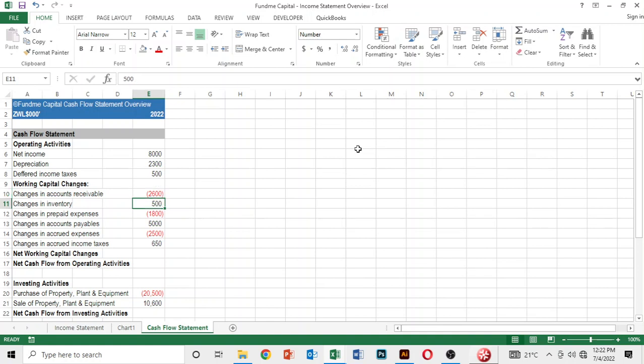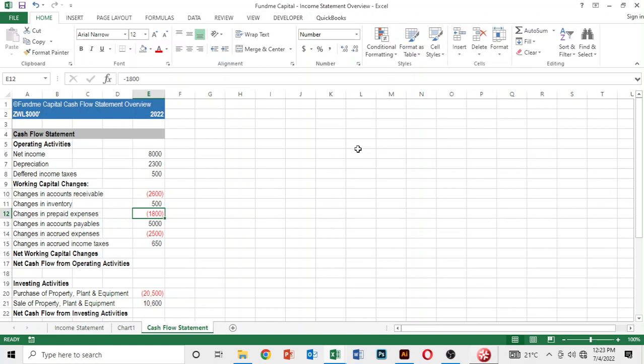Then we've got changes in inventory. Right, so you must understand that an increase in inventory means we are using cash to buy inventory, but a decrease in inventory is shown as a positive, which means that we have sold some inventory. That's why you are seeing a positive figure.